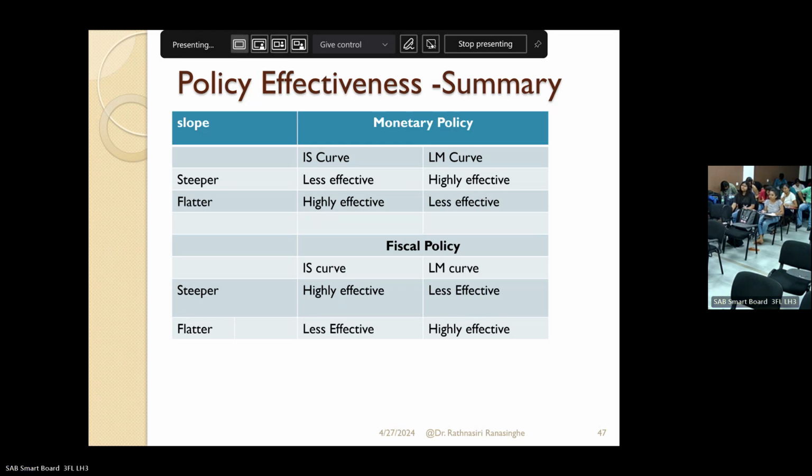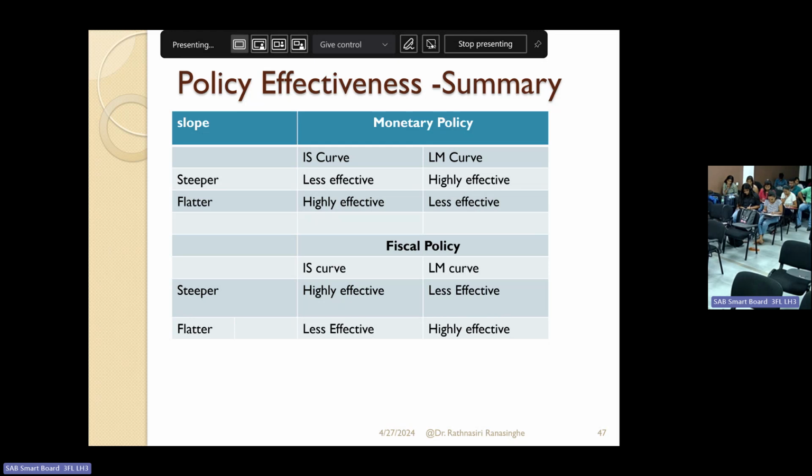Here the crowding out effect is very high. So which one is effective? With I1 low, we have the steeper IS curve, and fiscal policies are more effective.